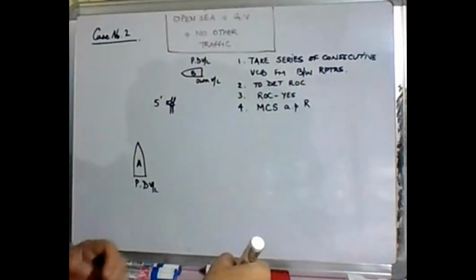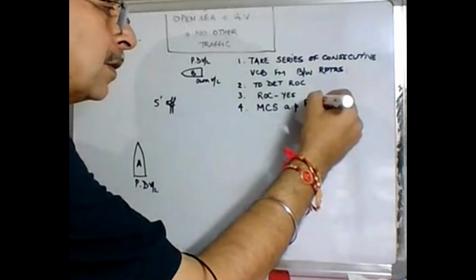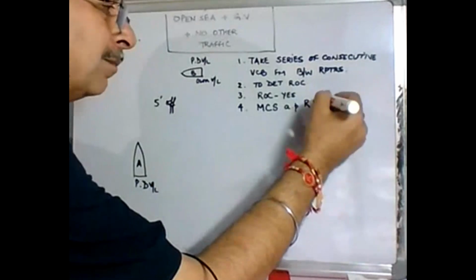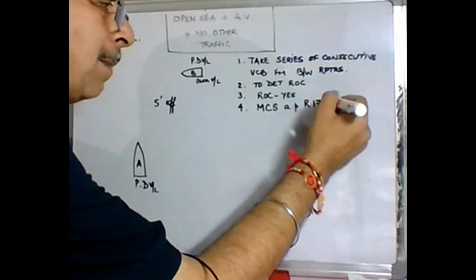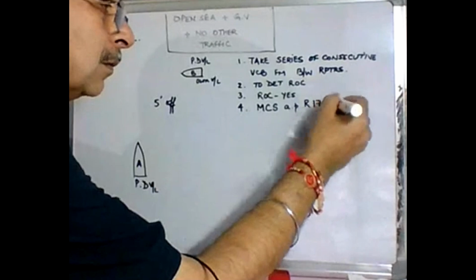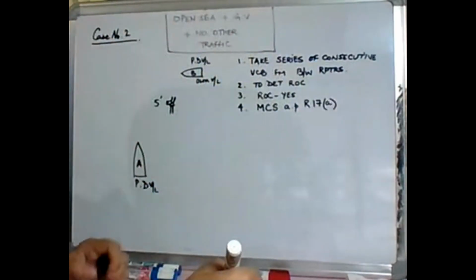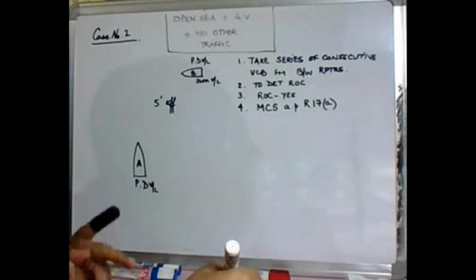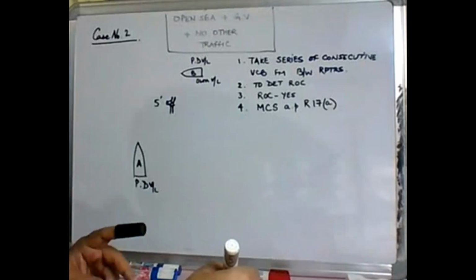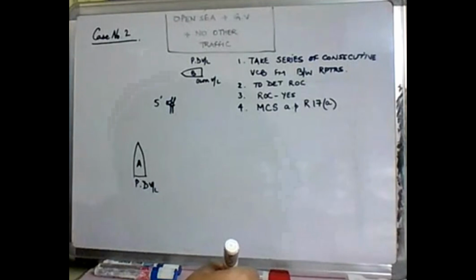Rule 17, alpha. The rule says when one of the vessels is required to keep out of the way, the other shall keep her course and speed.